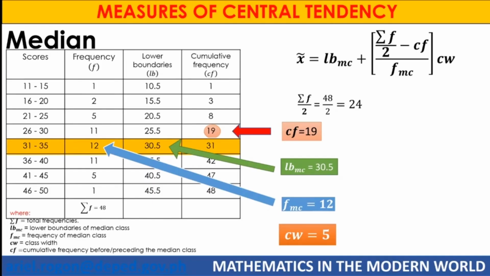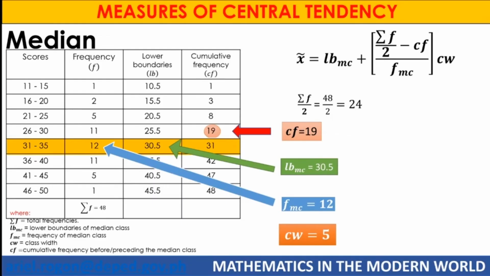Therefore, the class width is 5. Another example, the second class, which is 16 to 20, meaning 16, 17, 18, 19, 20. There are 5 scores in each class. Therefore, our class width or the CW is 5.